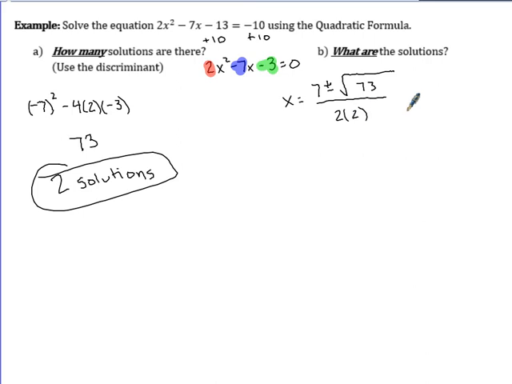All right, so that's 7 plus or minus the square root of 73, all over 4. The square root of 73 cannot be simplified any further, and 7 and 4 cannot be simplified any further. So these are my two solutions, 7 plus the square root of 73 and 7 minus the square root of 73, over 4.